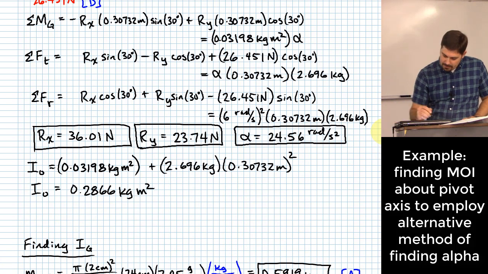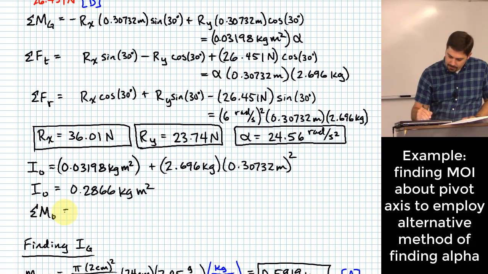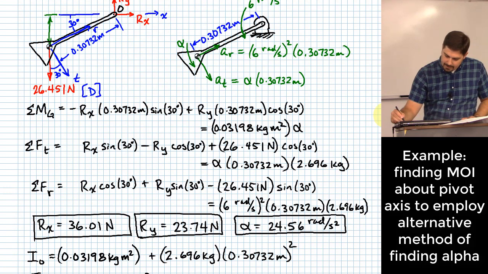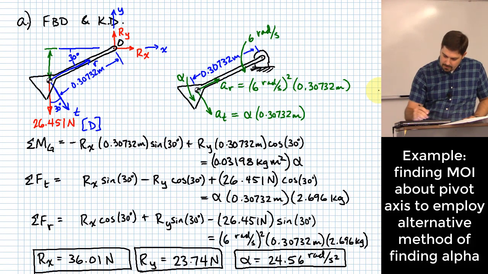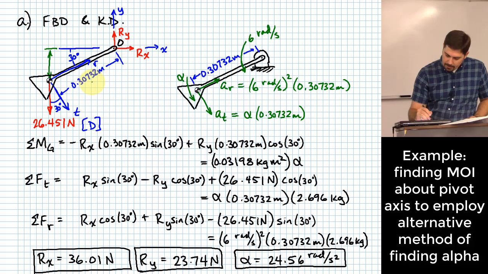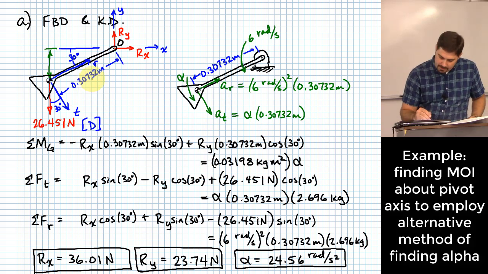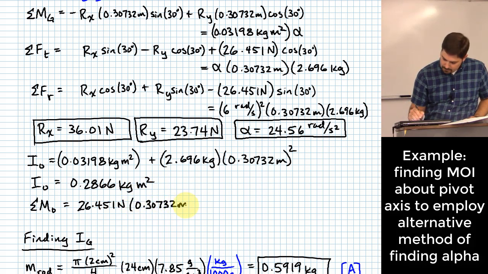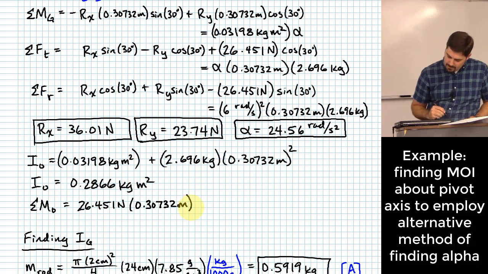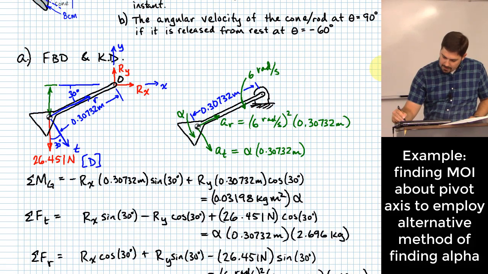Okay, so when I do that, sum moments around O, the only moment that I have is just from the gravity, 26.451 newtons, times, okay, the length that it is away from O, which is going to be 0.30732 meters, okay, times the cosine of 30 degrees.